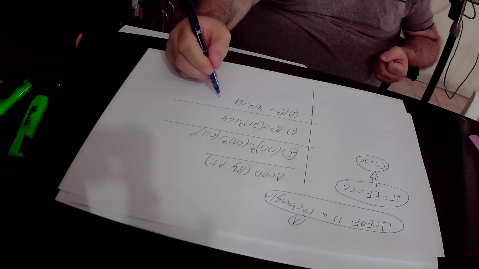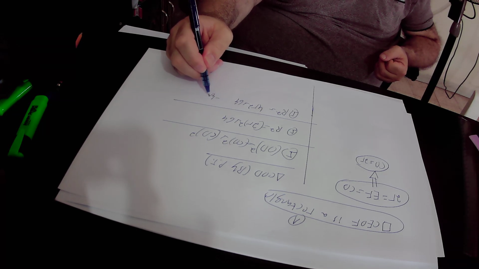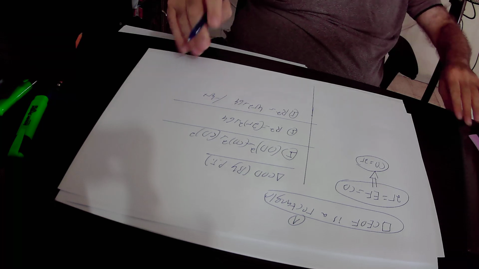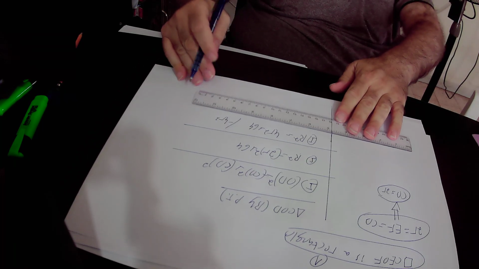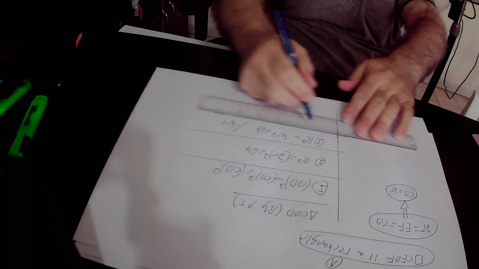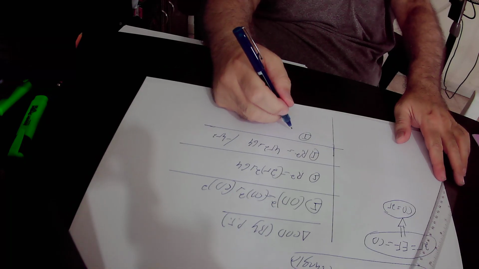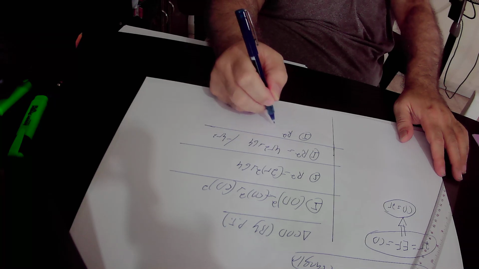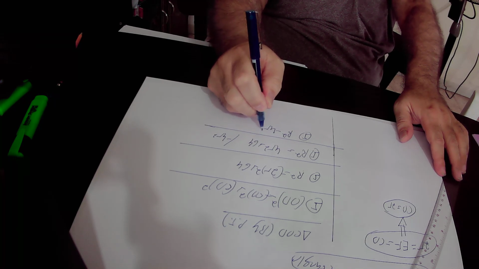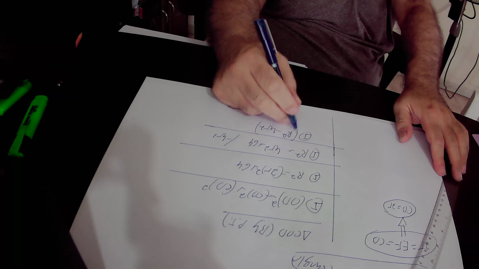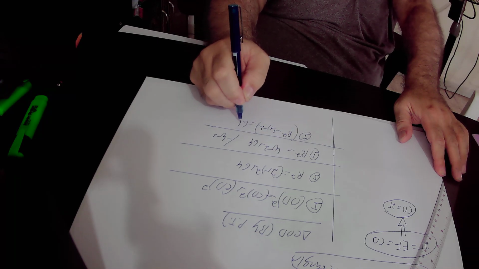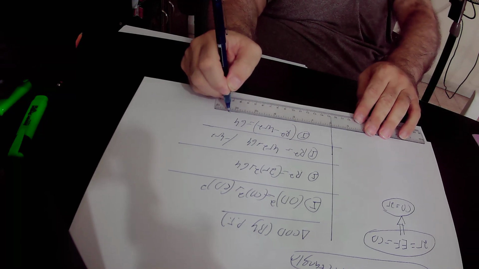Here we subtract 4r square from this equation, equation number 1, and we get that R square minus 4r square equals 64.